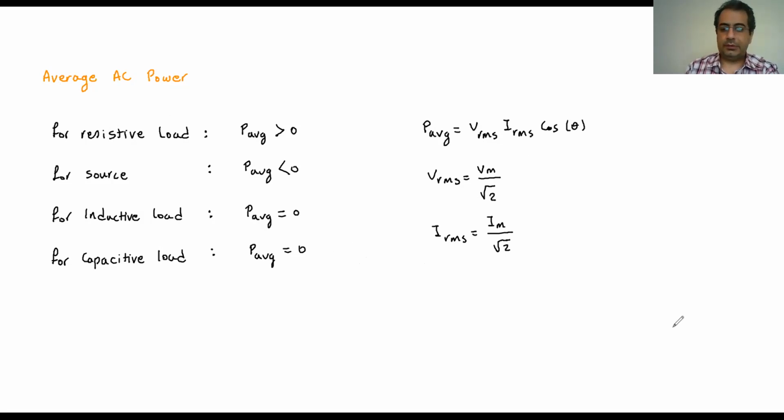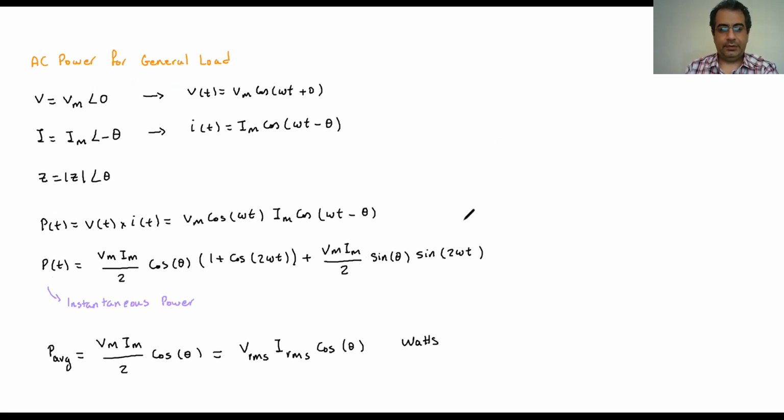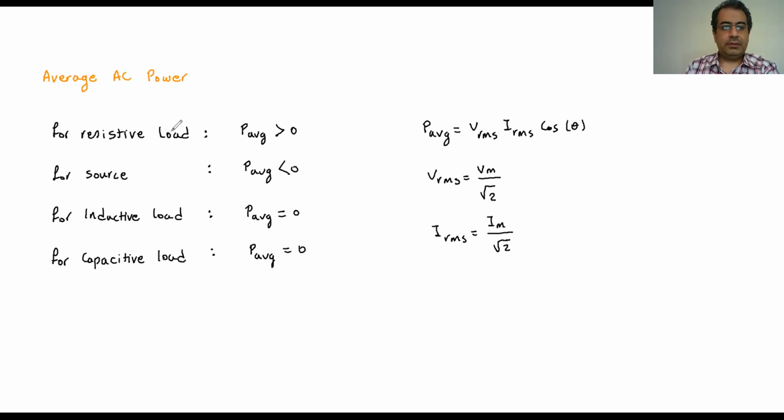So the instantaneous power was this that we have, which is what happens over time. This is the average AC power. Another power that we have is related to the capacitance and inductance. Although the average power they use is 0, there is going to be power in those loads.